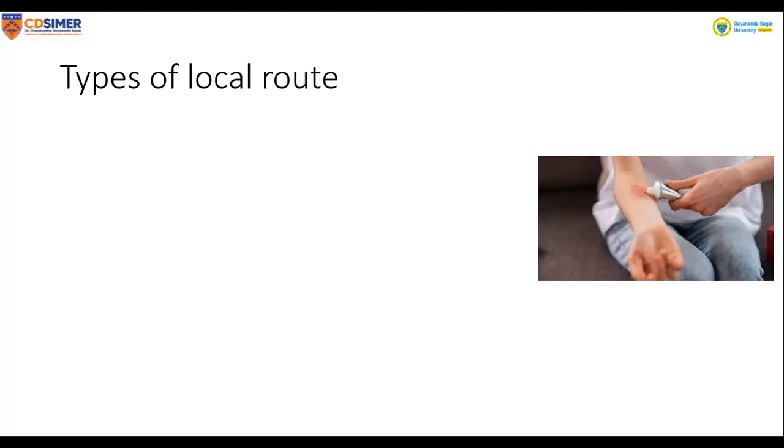Next, you don't need to give a higher concentration of the drug. If you make a concentration which is sufficient to apply over local surfaces or local tissues, then it must be sufficient.